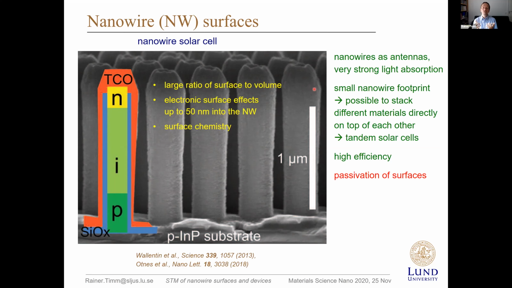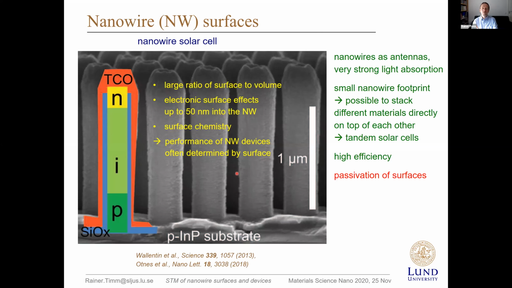And if the nanowire itself only has 40 nanometers diameter, the entire structure can be considered as surface related, at least from this electronic point of view. And of course, all chemistry, all catalytic effects and so on, take place at the surface. So it's important to characterize the surface of these structures in order to understand better their performance and in order to enable better devices.